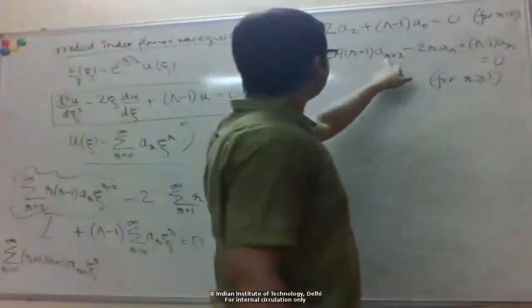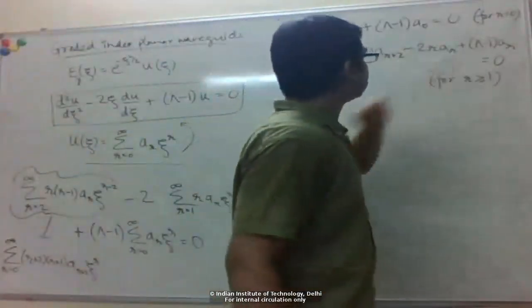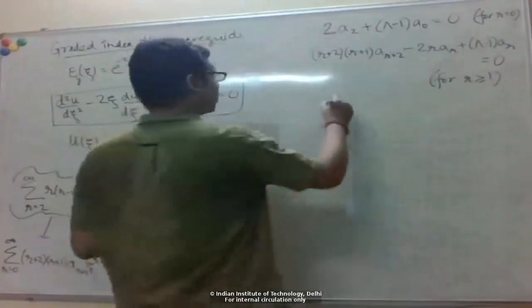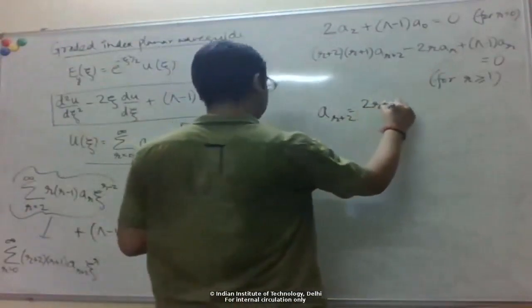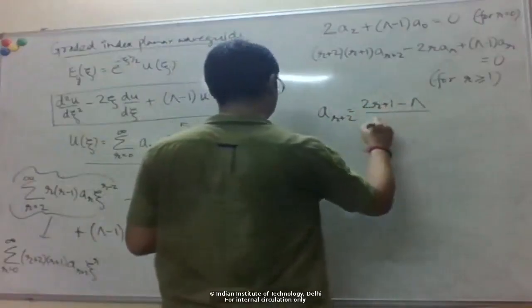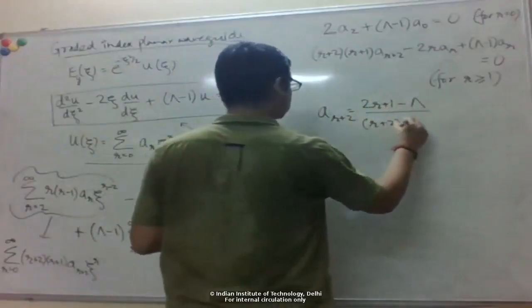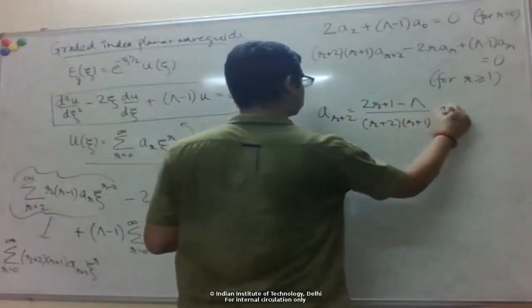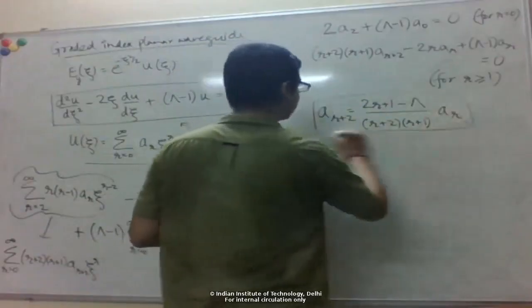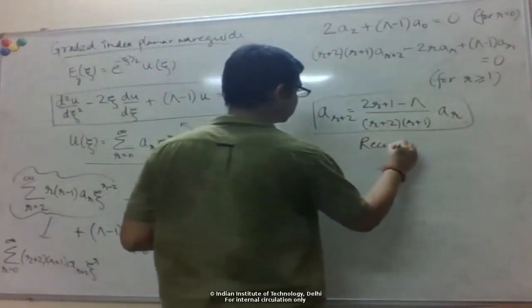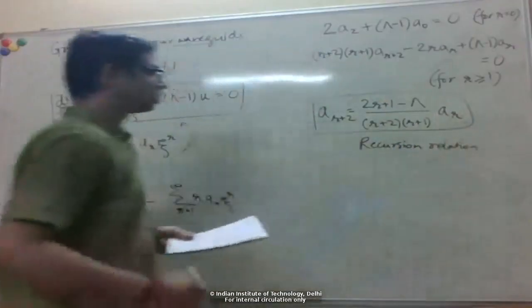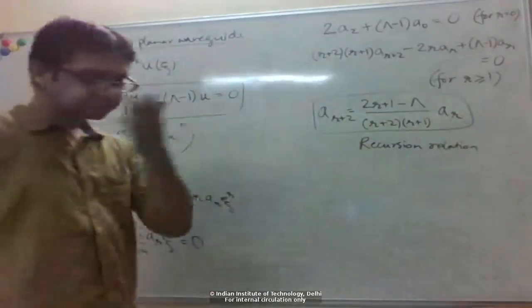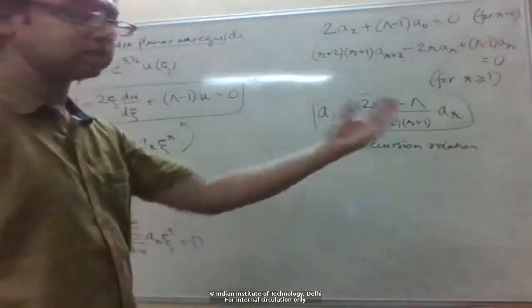So here you can see we can get a relation between a r plus 2 and ar. So we get a recursion relation between successive powers, right?